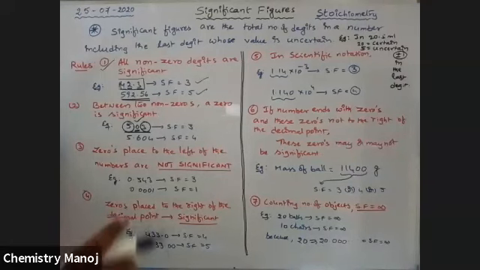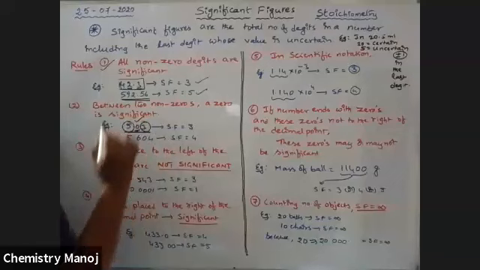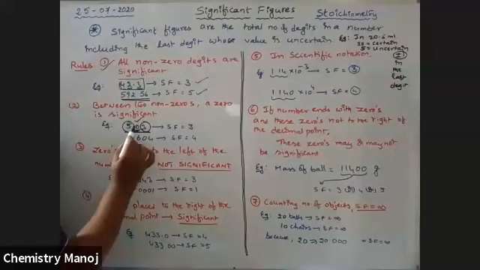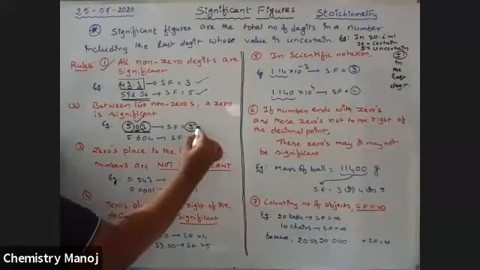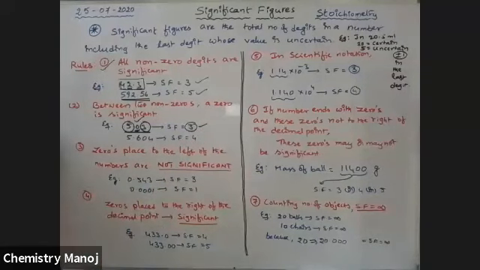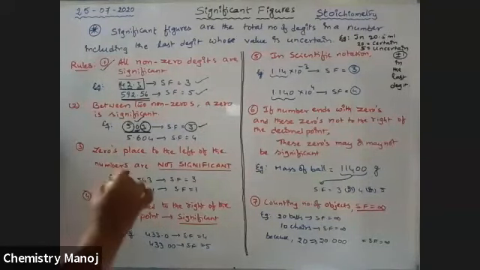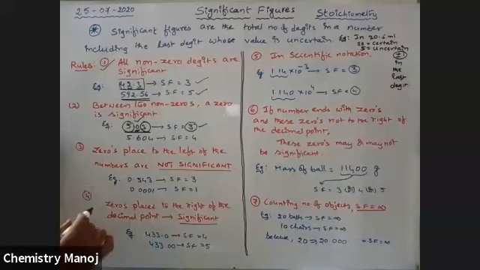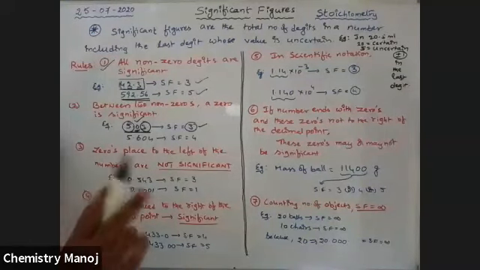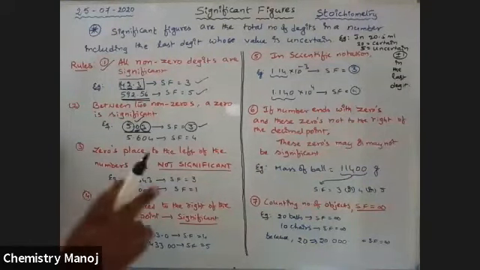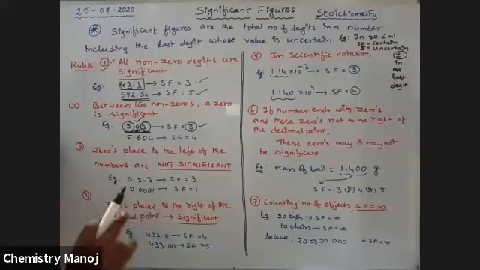A zero between two non-zeros is significant, therefore this zero should also be counted. Therefore 1, 2, 3, so the significant figure count is 3. So that means a zero between two non-zeros is significant.